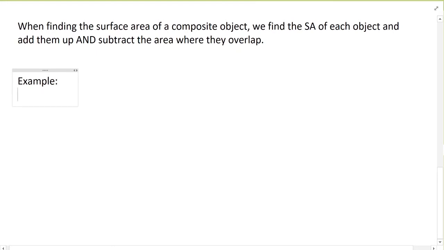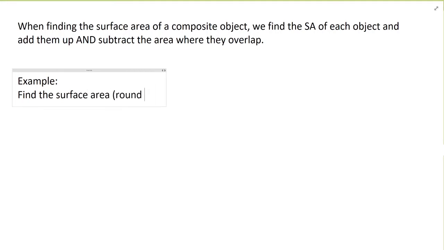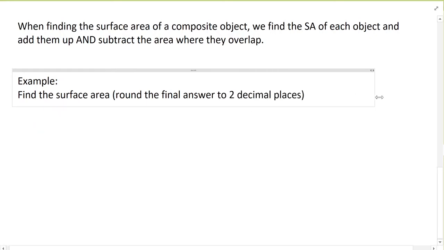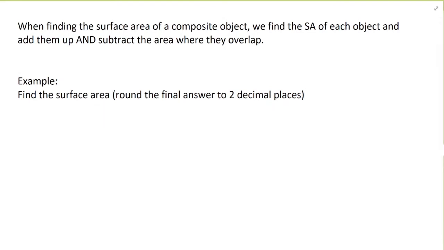So in this example, we want to find the surface area, and we want to round the final answer to 2 decimal places. Okay. What we're going to do is have a rectangular prism, a box, your favorite.